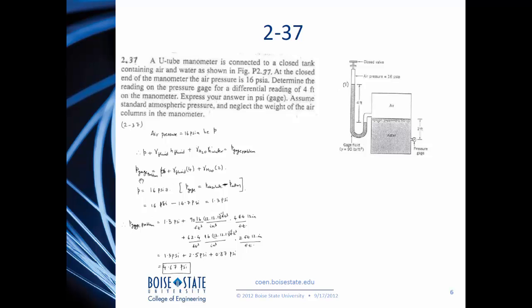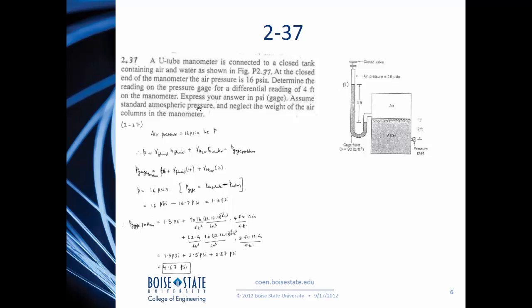So P gauge is P plus gamma of the fluid times 4 feet, plus gamma of water times 2 feet. And then we know that P gauge is P absolute minus P atmospheric.